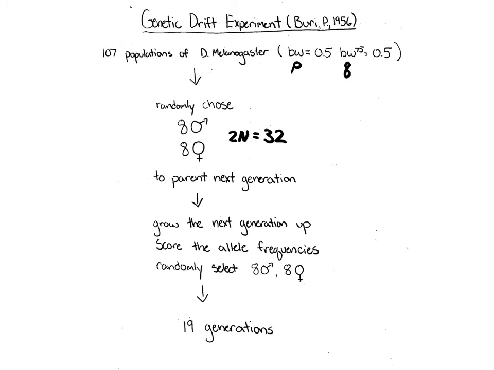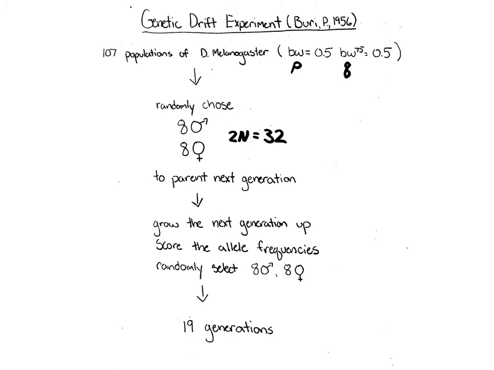Obviously, then the frequency of BW was 0.5, so we can have that as our p and our q. And then with each of those populations, he would select out 8 males and 8 females randomly and start the next generation with those 16 individuals, or with those 32 new alleles that he's selecting from each of those populations.